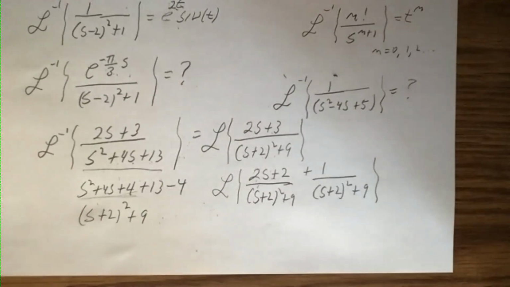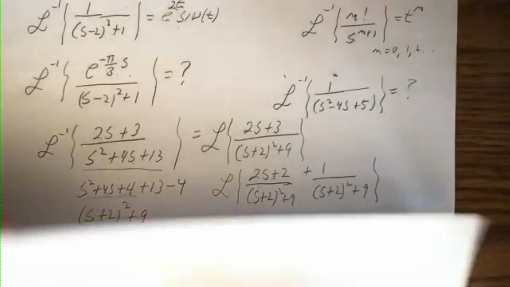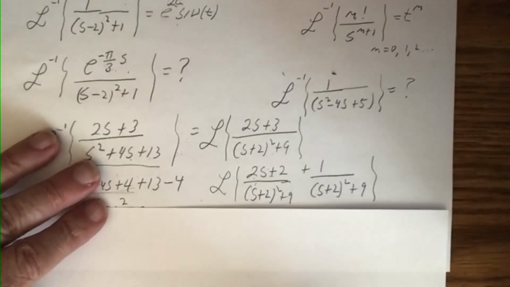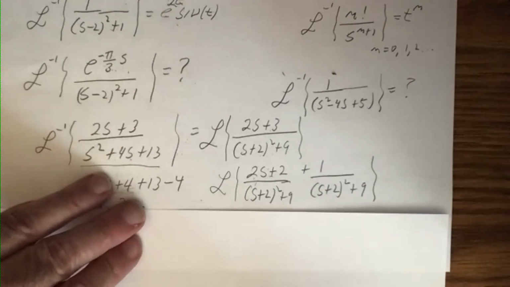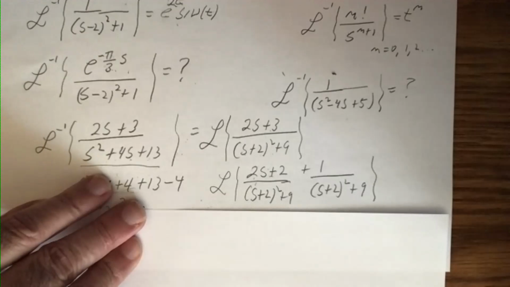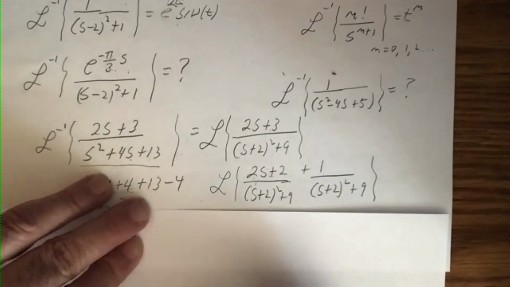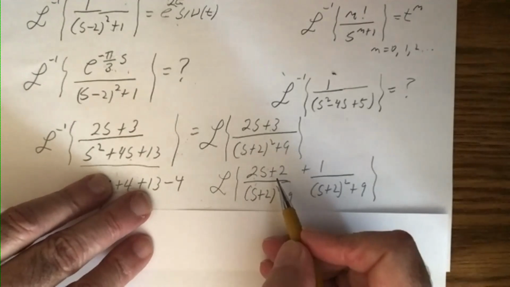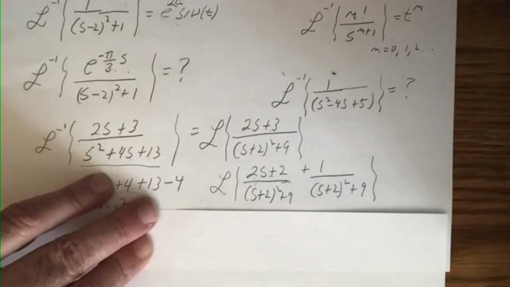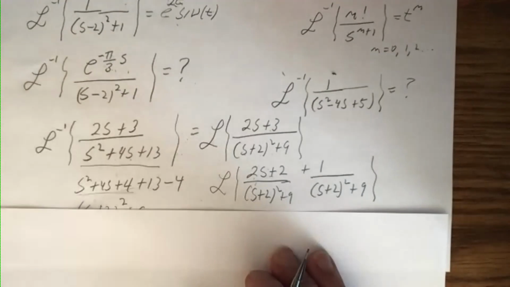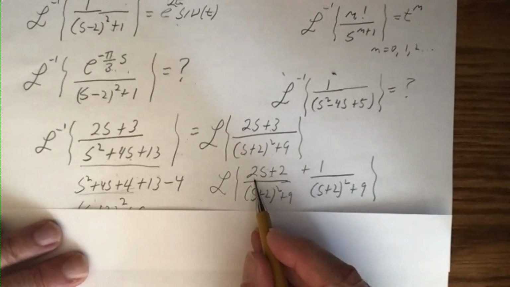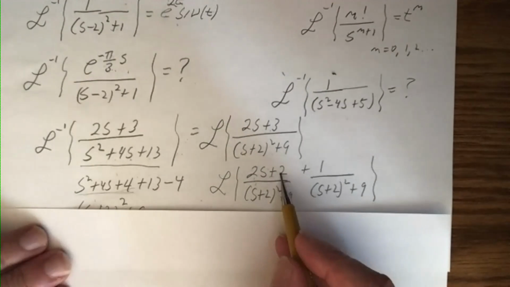All right, now what? Let me take a look over here. I probably should have written that as 3. If I take a 2 out of here, that still gives me a 2 here.